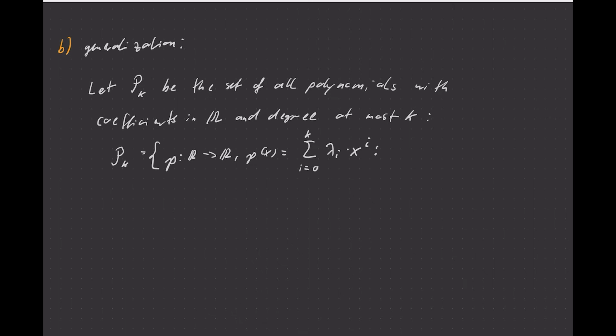And those lambdas are the coefficients, so lambda_0, lambda_1, and so on, up to lambda_k are real numbers. So that is the set of all polynomials of degree at most k.